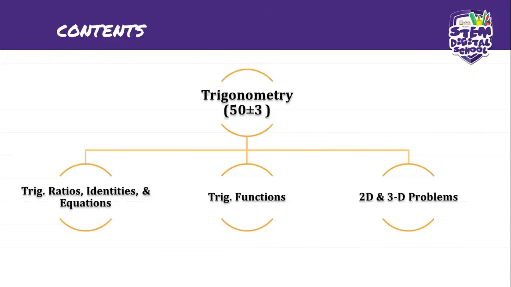But all those topics or subtopics are very important. They also form part of that 50 plus or minus 3 marks. So really we need to go back and do a thorough revision before we start with our trial examination.